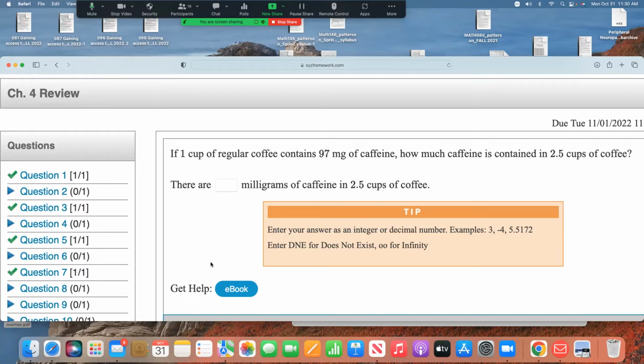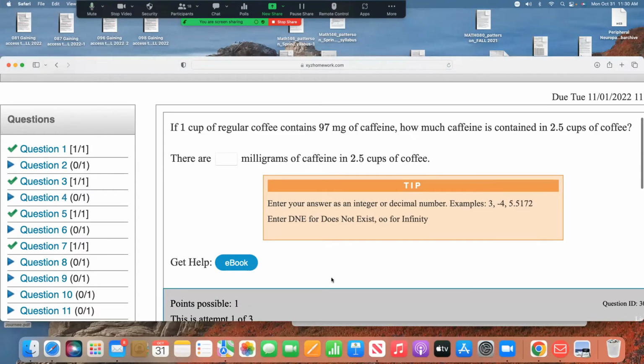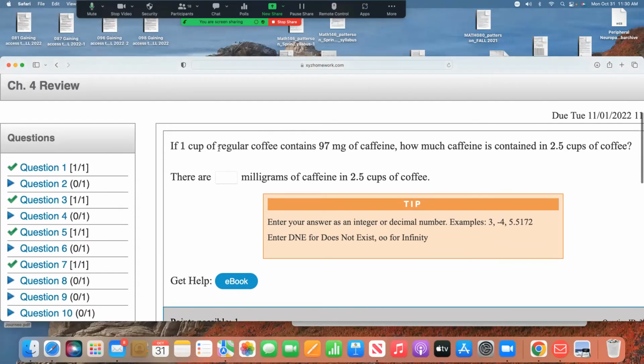It is multiply, because one is almost 100. So you might think of it like that, but 2.5 cups would be like 250, right? If you kind of do a little rounding. And so they definitely need to multiply those two numbers. There's no rounding instructions here, right? So just write down every bit of the answer.